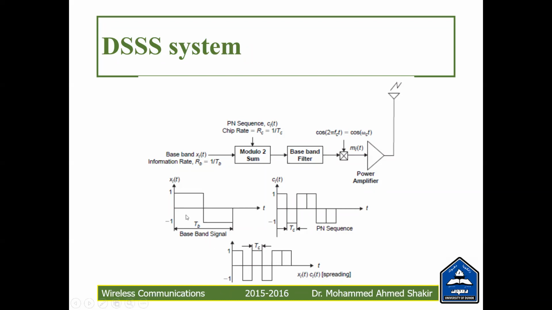Now look at this one within the period of Tb. 1 by 1 will be 1. 1 by -1, again, will be -1. Then 1 by 1 is 1, -1, and so on. So at the final stage, slot by slot, you multiply both signals to get the spreading code.